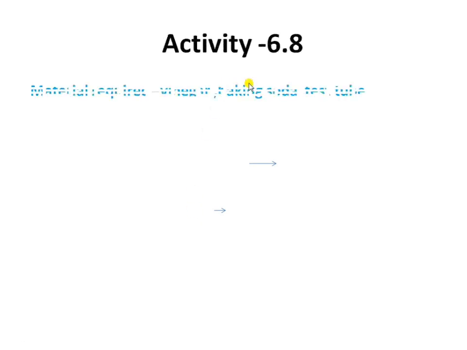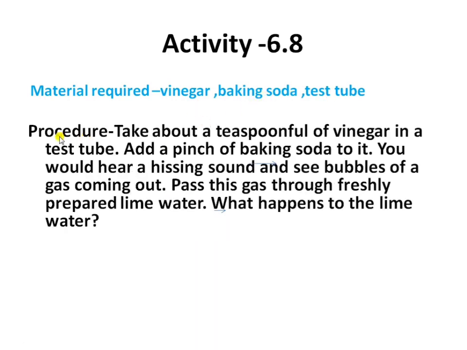Moving on to our last activity, activity 6.8. The materials required for this activity are vinegar, baking soda and a test tube. Here is the procedure. First, take about a teaspoon of vinegar in a test tube.